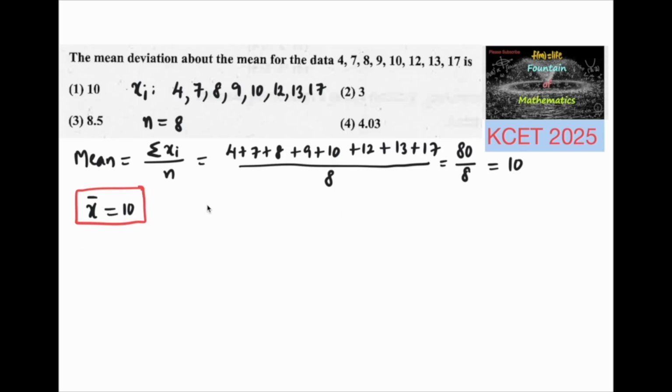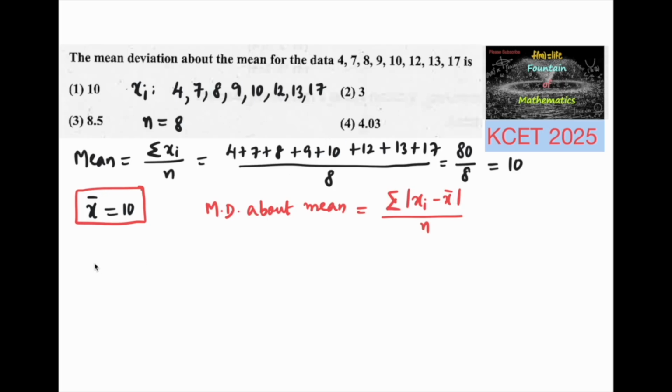And we know that the mean deviation about the mean, we have summation mod of xi minus x bar divided by the number. So here x bar is 10 and each observation is xi.